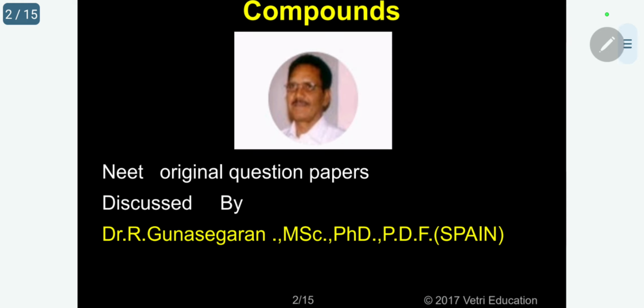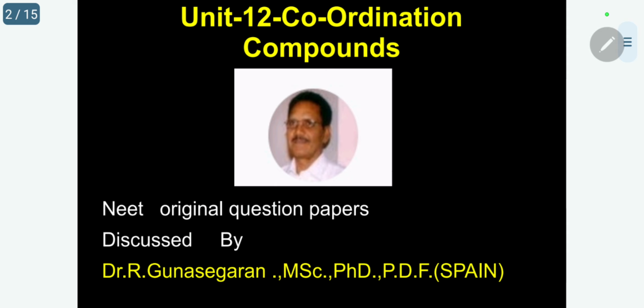It is my duty, as usual, in every chapter to give an introduction. Here, coordination compound, or we say complex salt. When I say salt, how do we get salt? An acid reacts with a base to form salt. There are three types of salt.